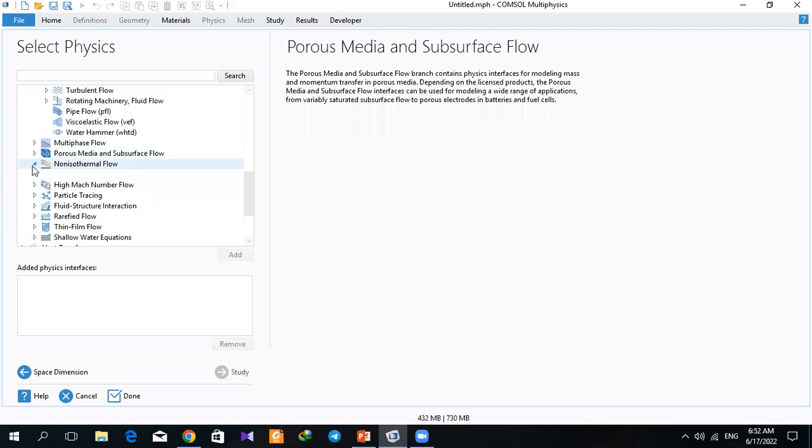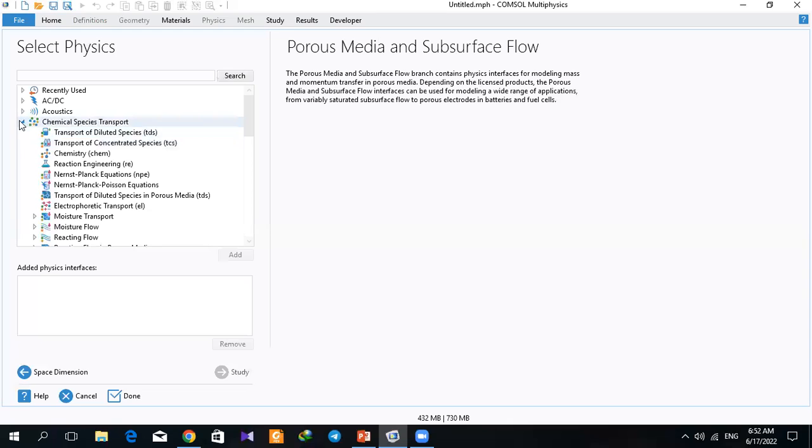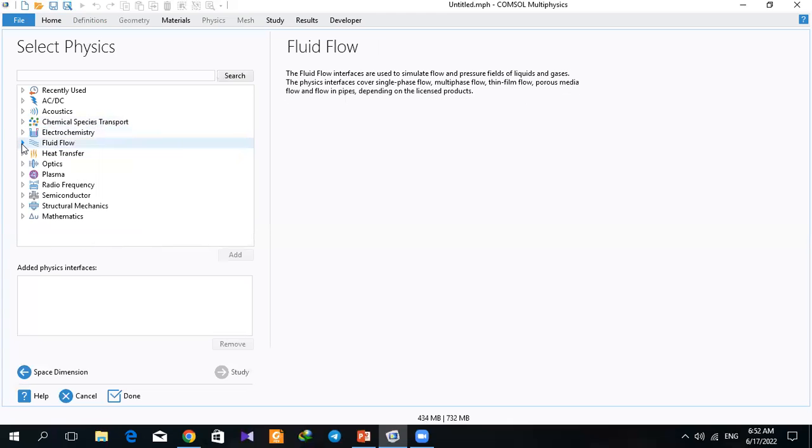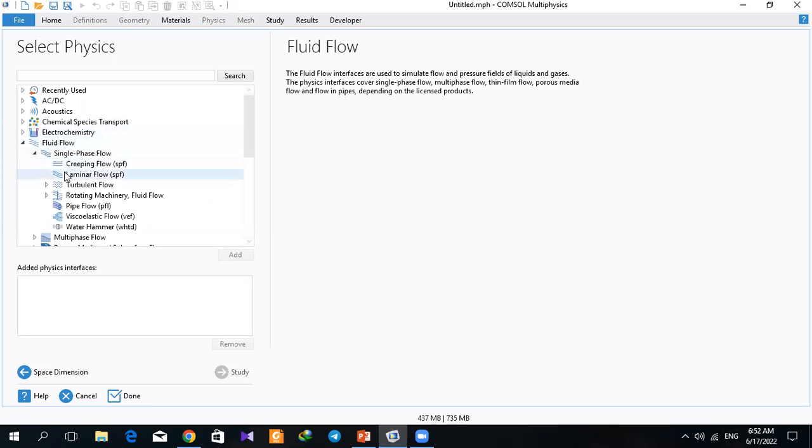In the case of non-isothermal, it's helpful for calculating the temperature profile inside of your reactor, considering fluid flow. So I'm just going to select a laminar flow.